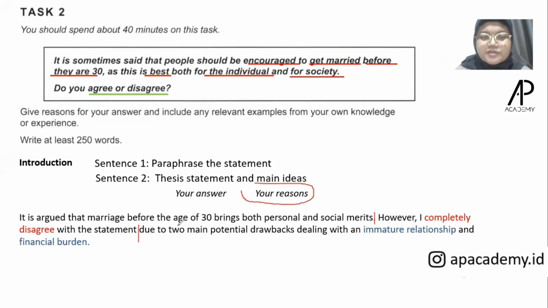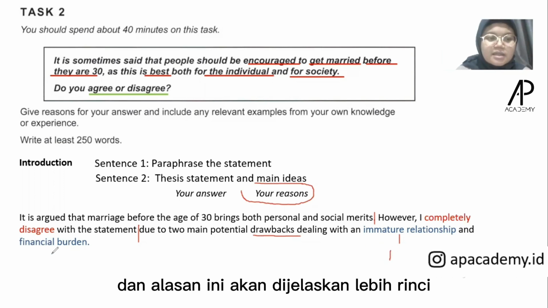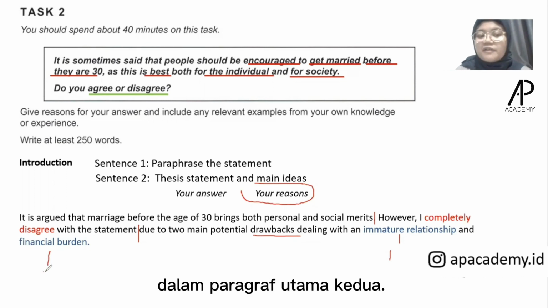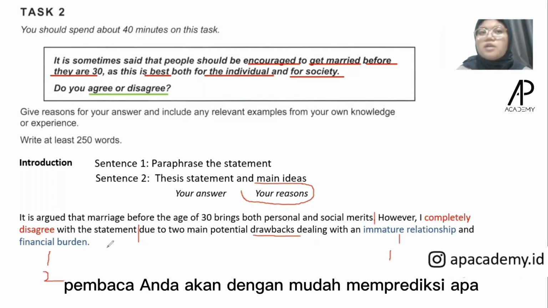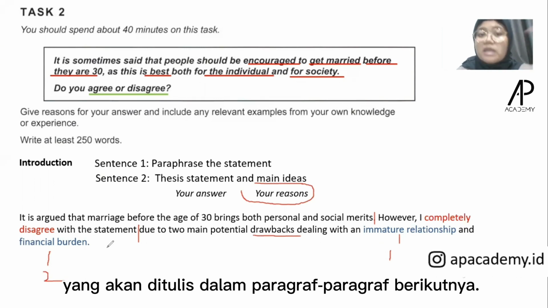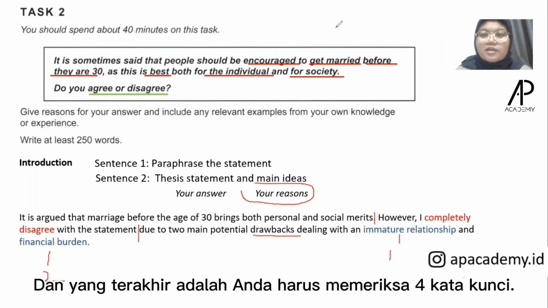Main ideas and your reasons: due to two main potential drawbacks dealing with an immature relationship and financial burden, in which this will be more elaborated in body paragraph 1, and this reason will be more elaborated in body paragraph 2. So by reading this introduction paragraph, your reader will easily predict what your writing will be about in the following paragraphs. This is a very clear introduction.